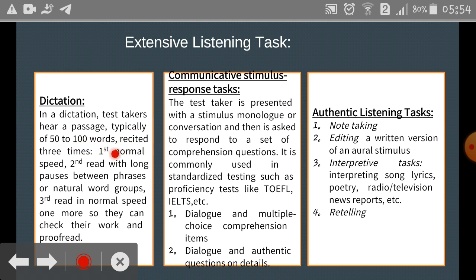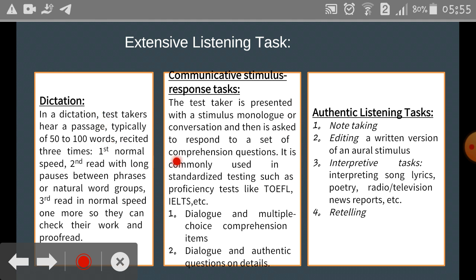The first time, it is recited at normal speed, and then the second time, read with long pauses between phrases or natural word groups. And the third time, it will be read at normal speed once more, so the student can check their work and proofread.